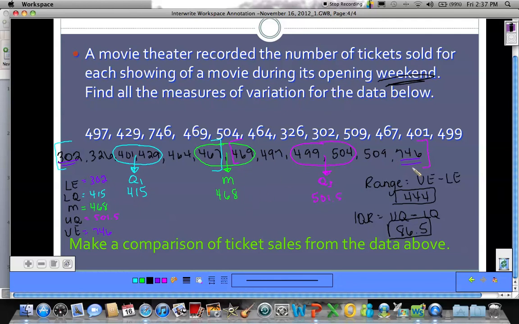The most they sold over the weekend was 746, and the lowest they sold was 302. So that is some things that I can conclude or make a comparison about the ticket sales from my data. Now, like I was saying, when we make a box and whisker plot, it's going to be a little easier to see those results from the graph.